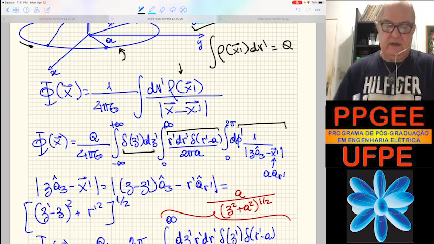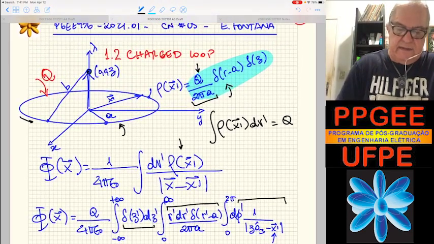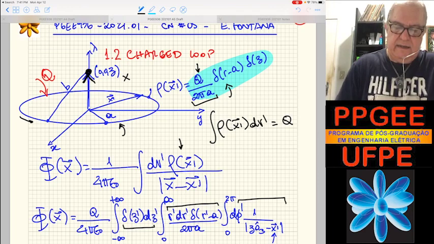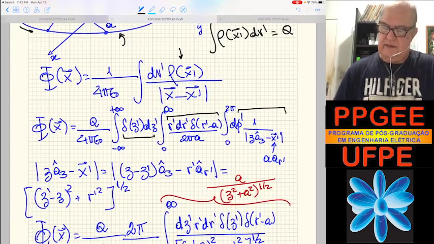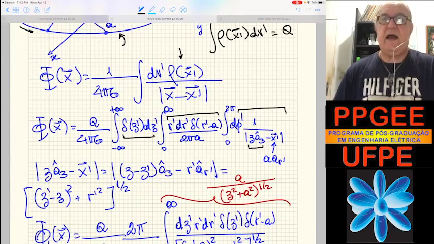So this is the location. I'm calculating at point x equals coordinate z, z a z. Okay? So that's x.